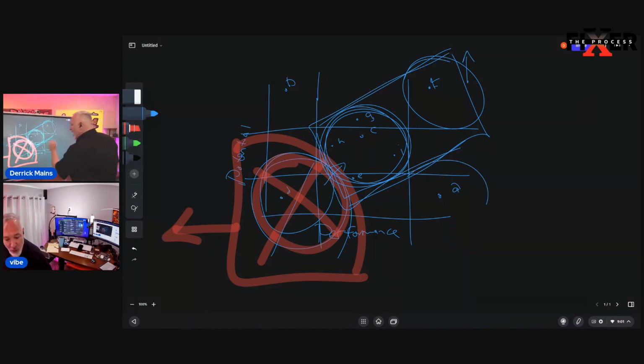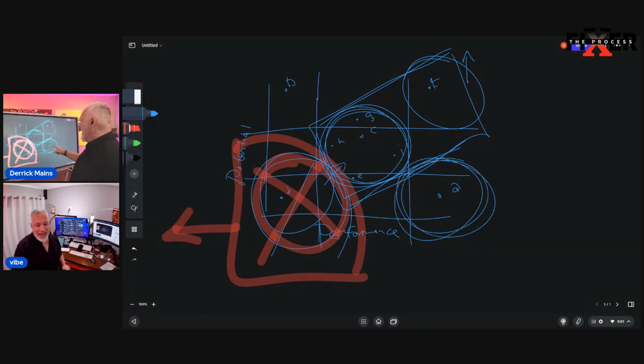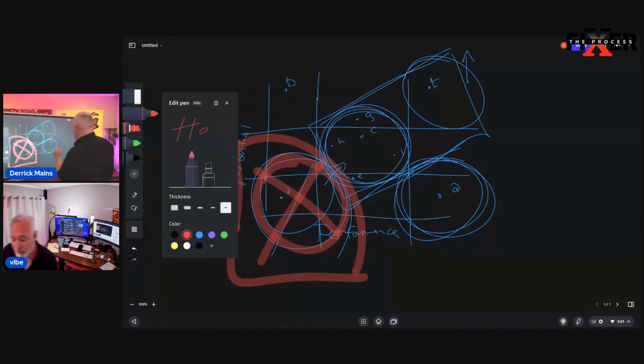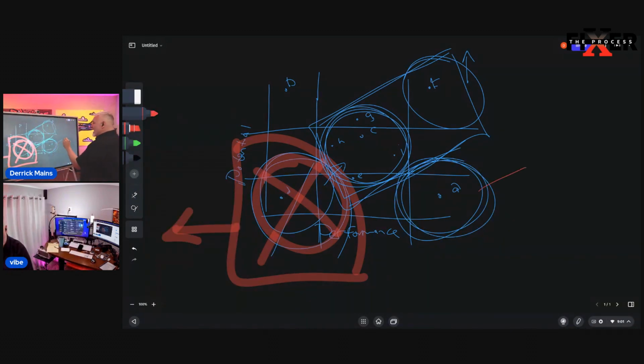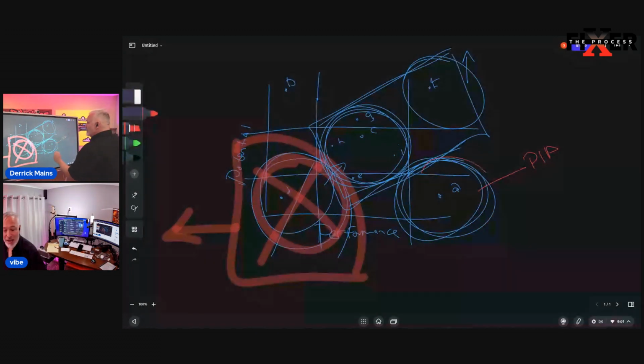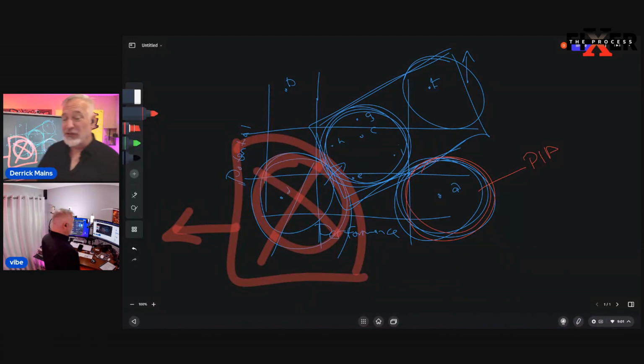Over here, we have the high performance but low potential people. What happens in this quadrant is something that is a little bit different. Over here, companies do a little bit more of an analysis of what I call the PIA. So they want to know how much of a pain in the ass is this person? Why do they need to know that? Well, many times people that are high performance and low potential can be really difficult to work with.